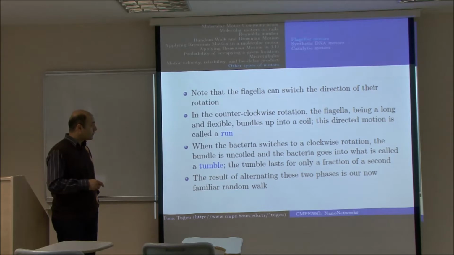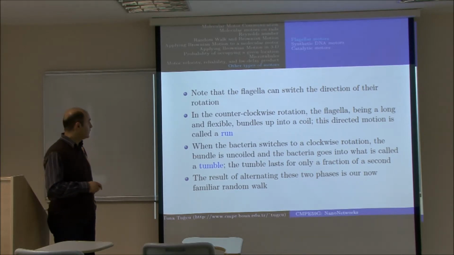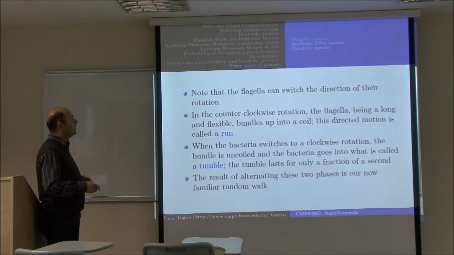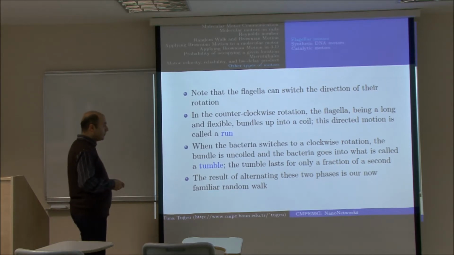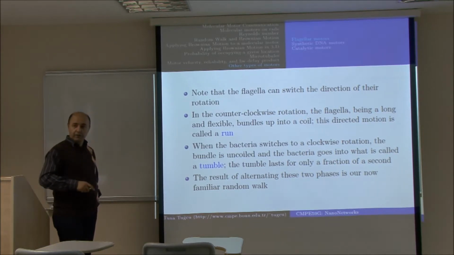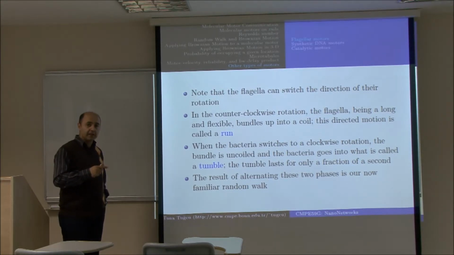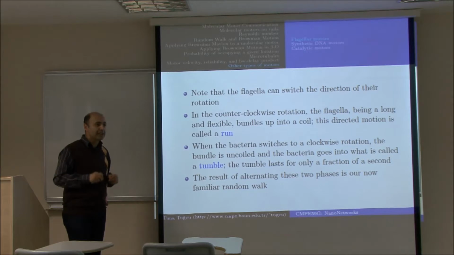The flagella can switch the direction of rotation, as we mentioned. In the counterclockwise rotation, the flagella, that tail, bundles up into a coil, and this takes the bacteria, in quotes, to run in a given direction for some time.